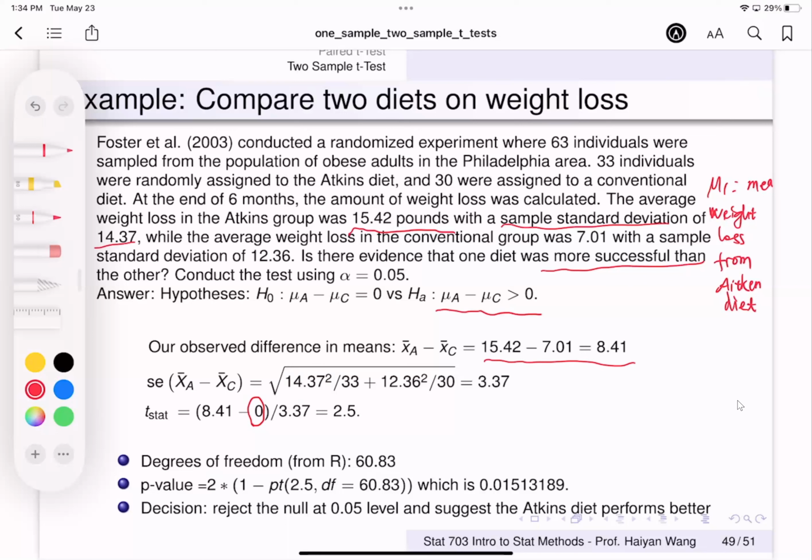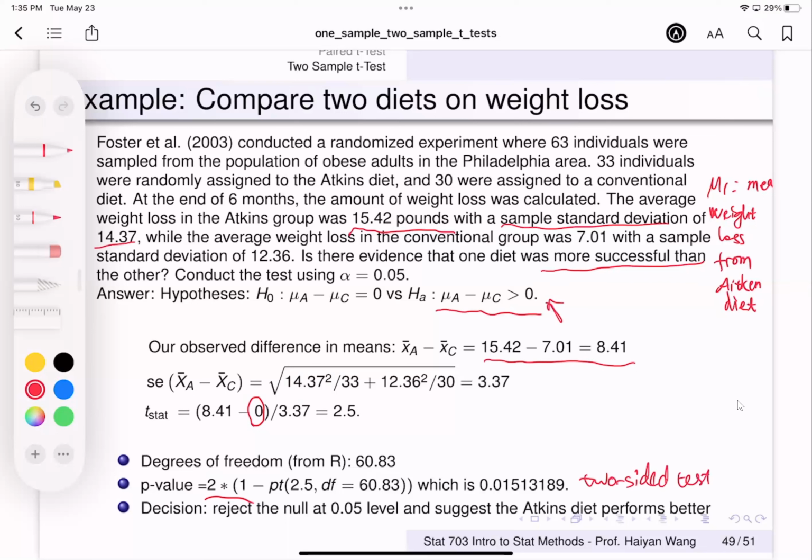And since we are looking at an upper-tailed test, then the p-value would be 1 minus the pt. Okay, this one actually is for a two-sided test. This is not correct. This is a two-sided test.